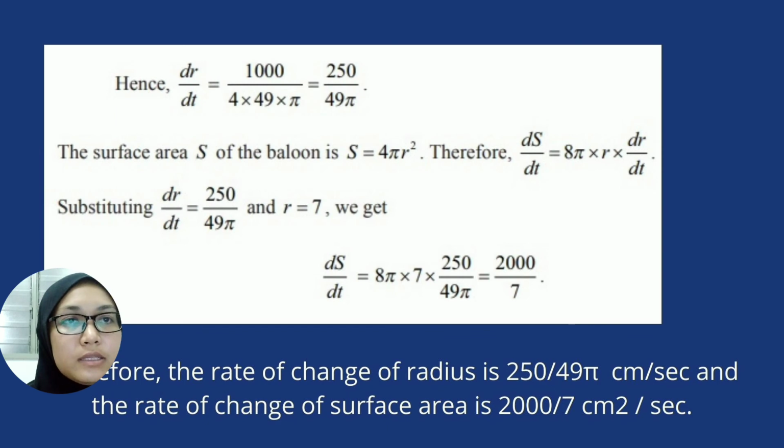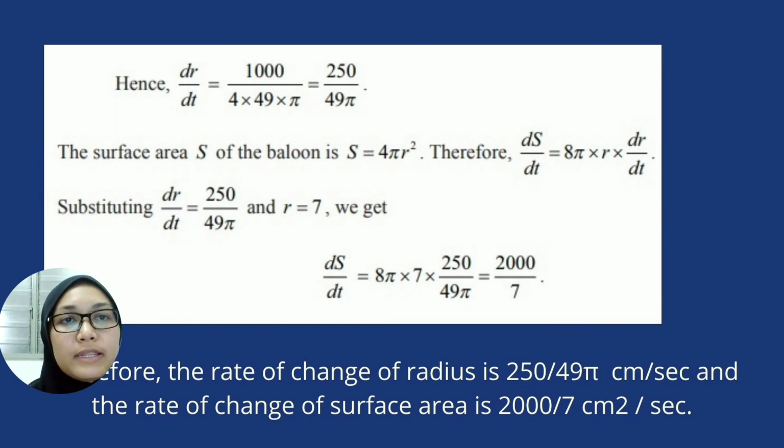The surface area S of the balloon is S equals 4 pi r squared. Therefore, dS over dt is 8 pi times r times dr over dt.